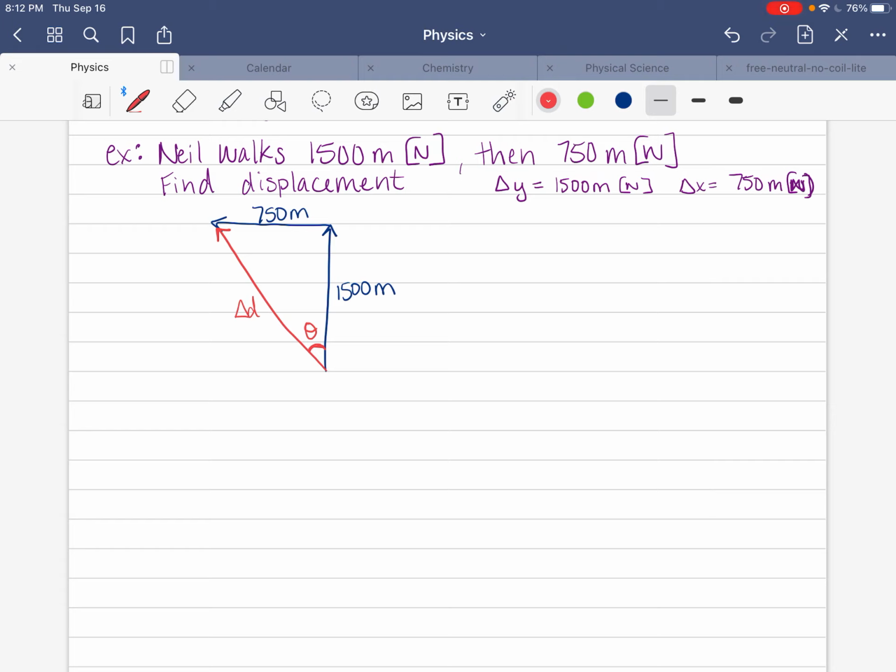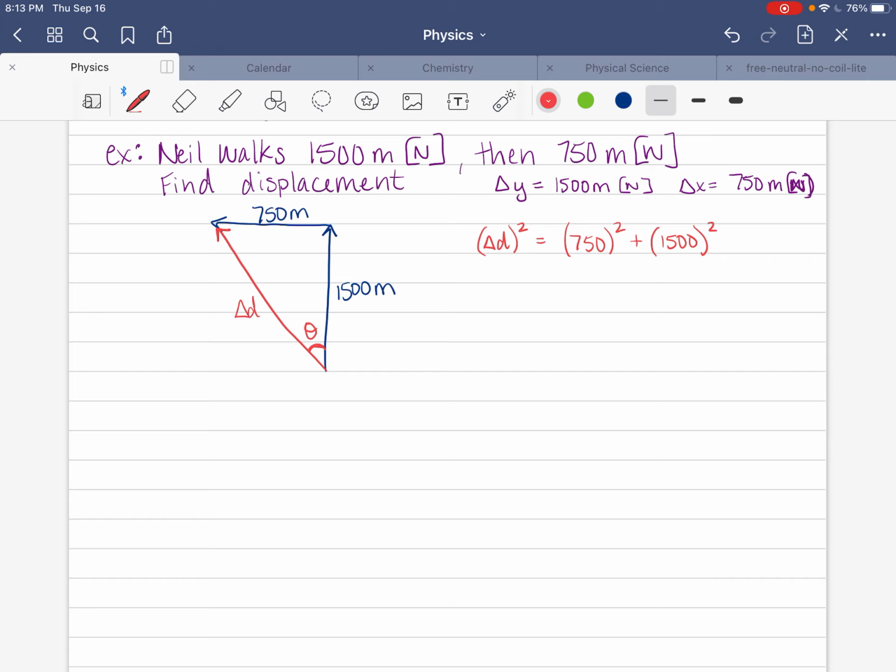To start, I'm going to use Pythagorean theorem in order to solve for delta D. Remember, it's c squared equals a squared plus b squared. I'll use my delta D as the c, and then I'll have 750 squared plus 1,500 squared.